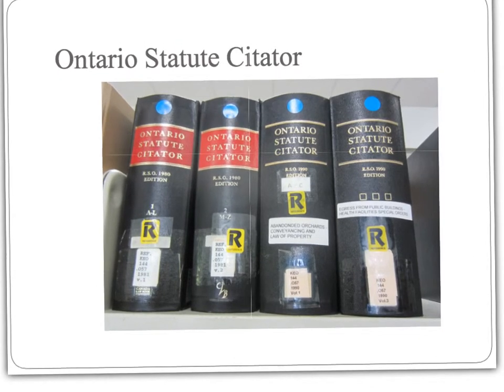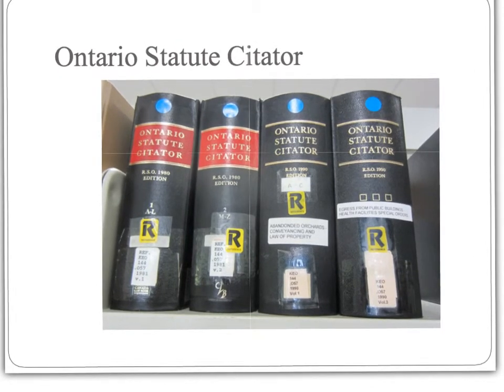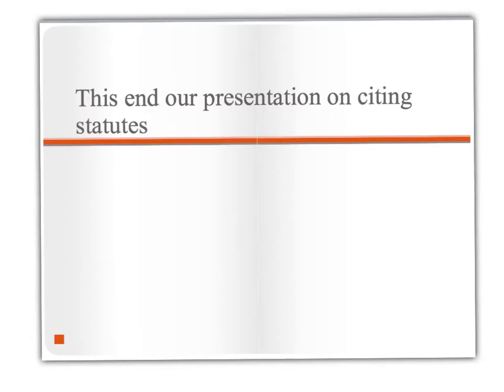In our library we have two sections of it. We have the 1980 edition and we have the 1990 edition. Be sure when you're doing your research that you use the most current year, which is 1990. Any amendments made since 1990 to any statute will appear in the Ontario Statute Citator. This ends our presentation on citing statutes.